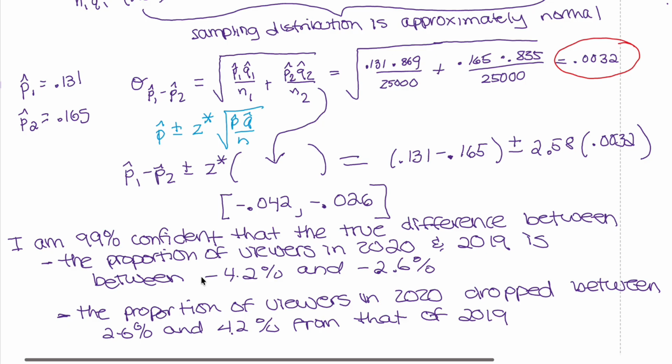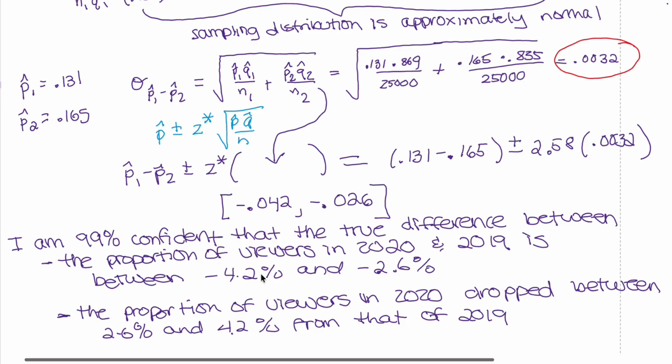What should we say in here? It's pretty similar to what we did when doing a z interval for one mean, except in here we're dealing with proportions, and we're doing the difference of 2 proportions.